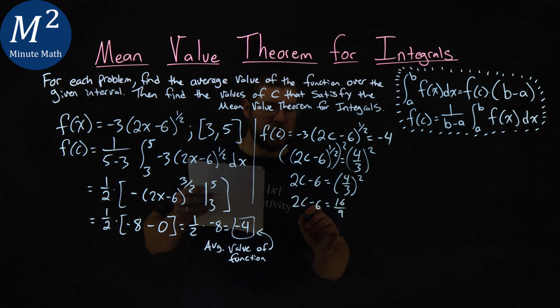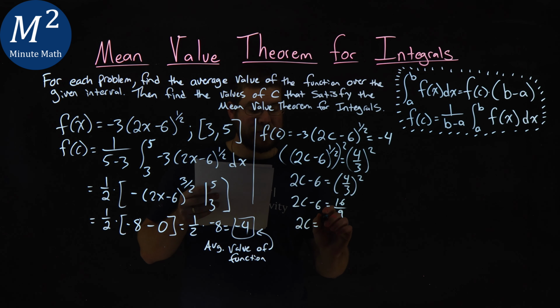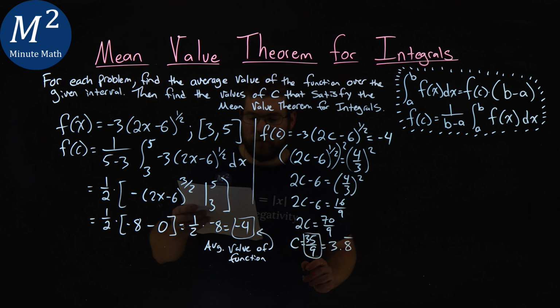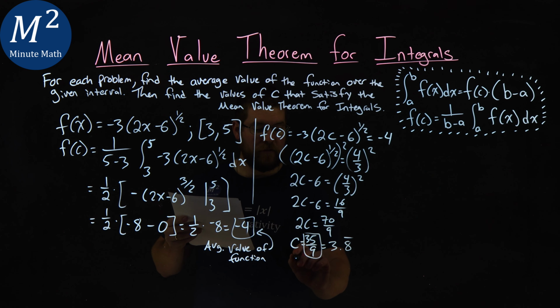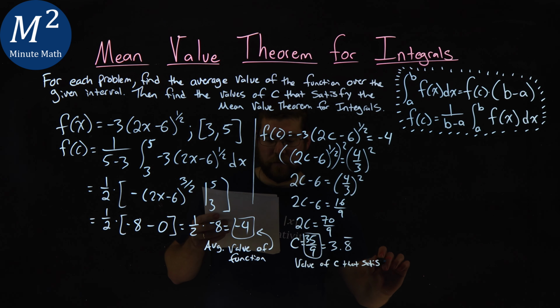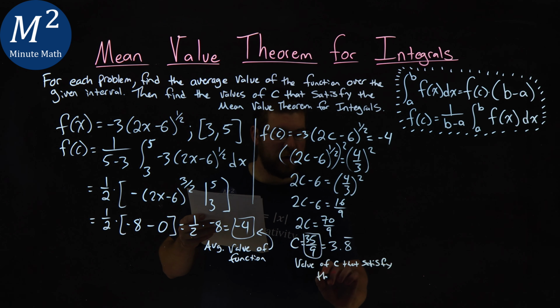I add a 6 to both sides, and I got 2c equals 70 over 9. Divide both sides by 2, and c comes out to be 35 over 9, which is equal to 3.8 repeating. So 35 over 9 is the value of c that satisfies the mean value theorem.